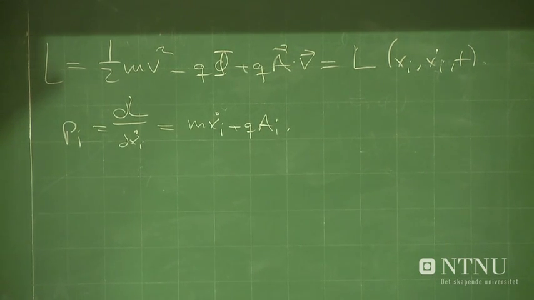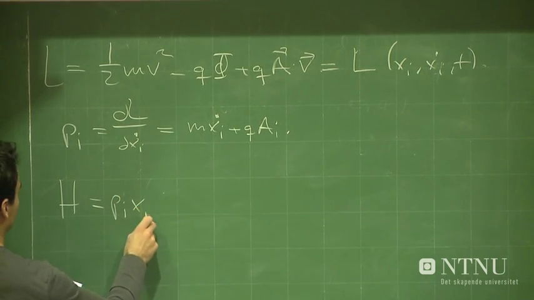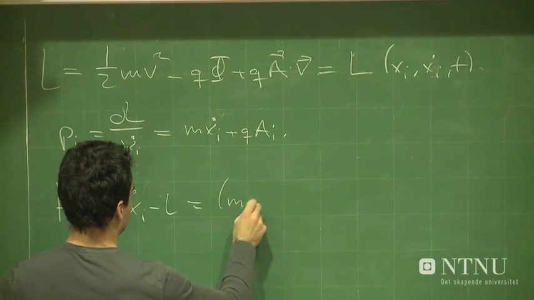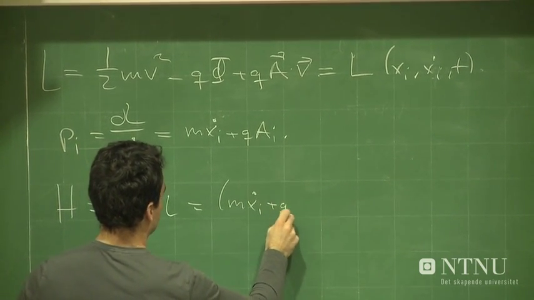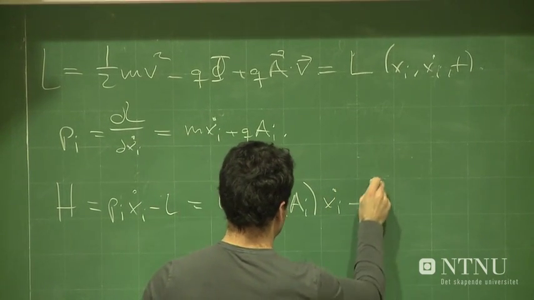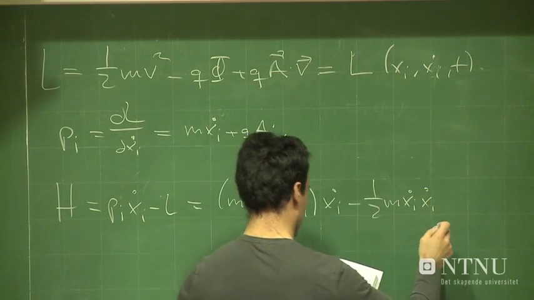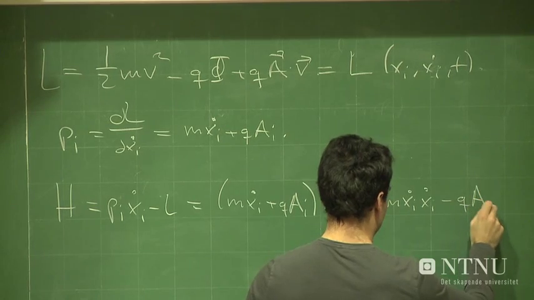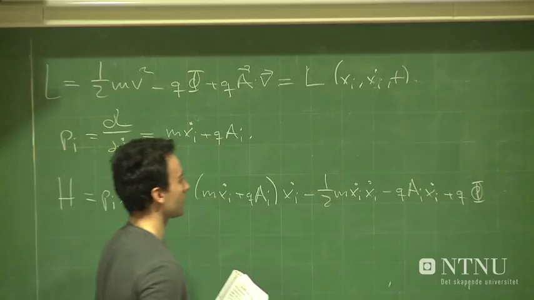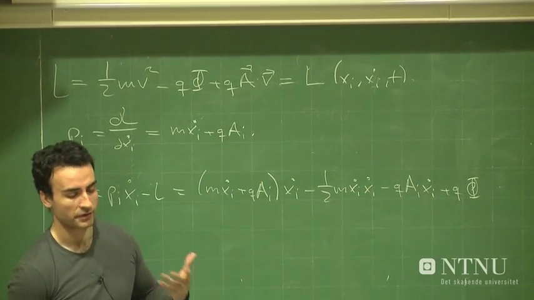Okay, now we construct the Hamiltonian. This is the Lagrangian up here, just written in terms of a sum convention.